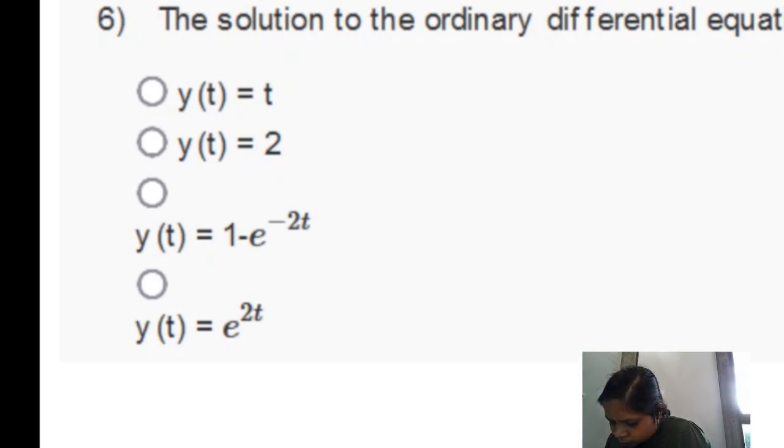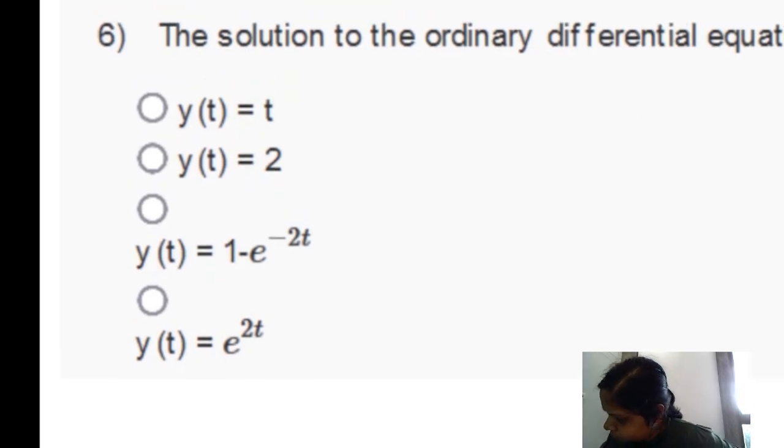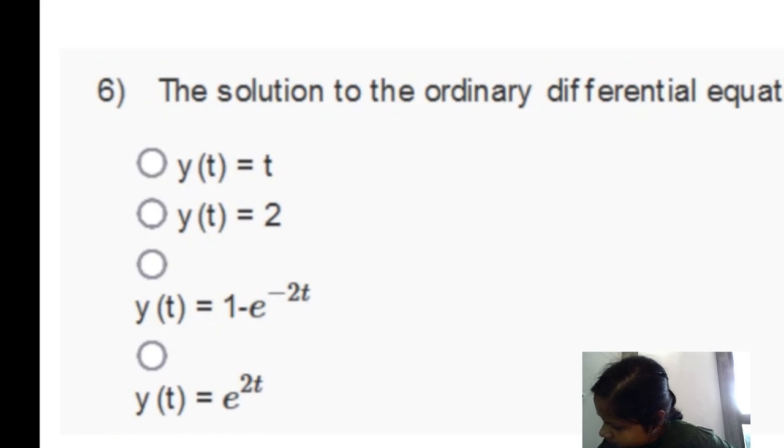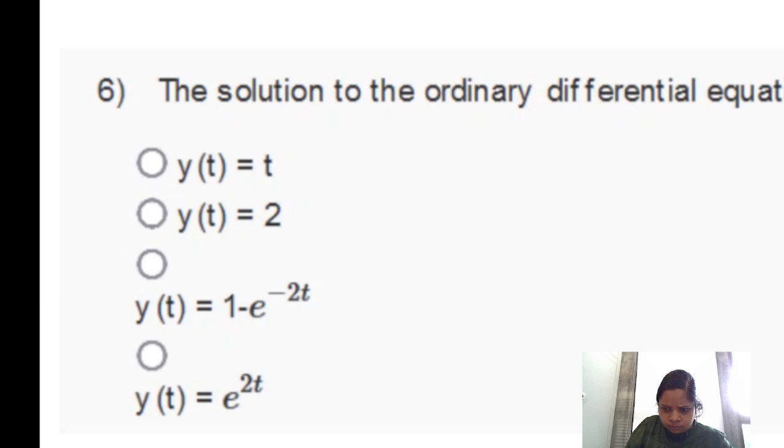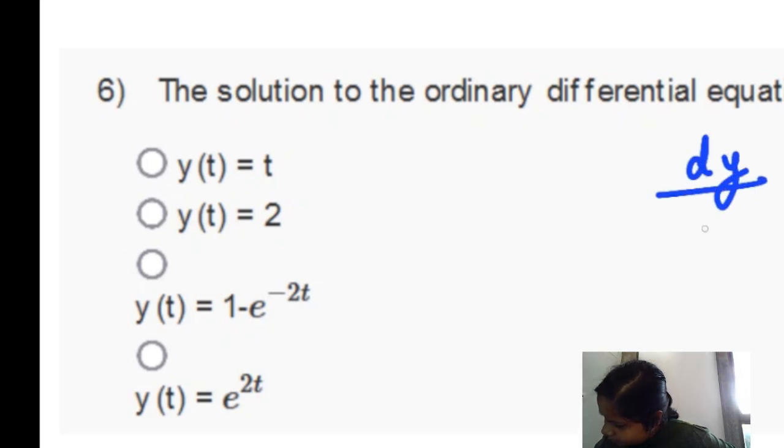So what we really do, if I tell you the simple mathematics, is dy by dt plus 2y(t) is equal to 2.